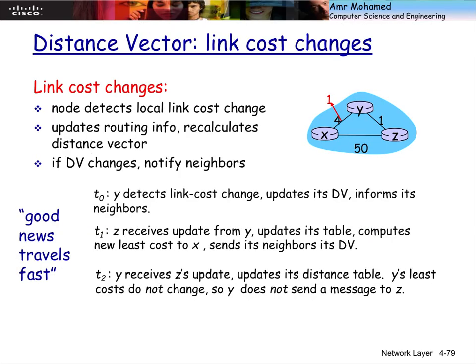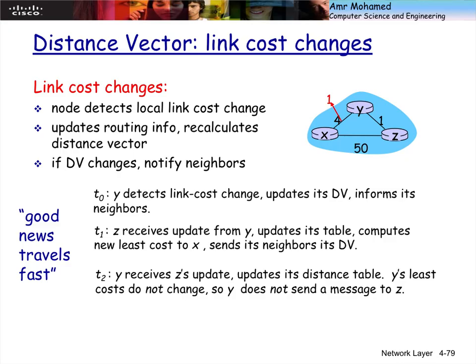Okay. So now we need to check the implication of this partial view that we have. This example and the next example are very interesting examples to show you the implication of having a partial view.